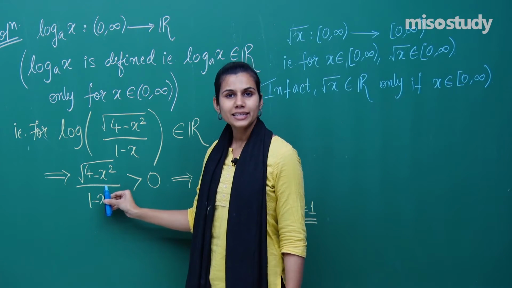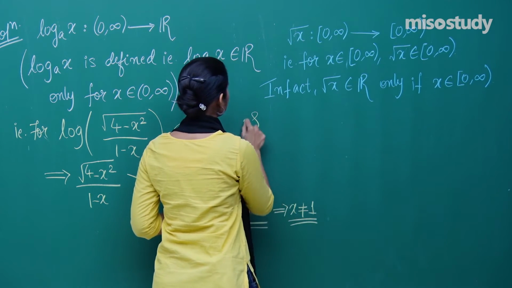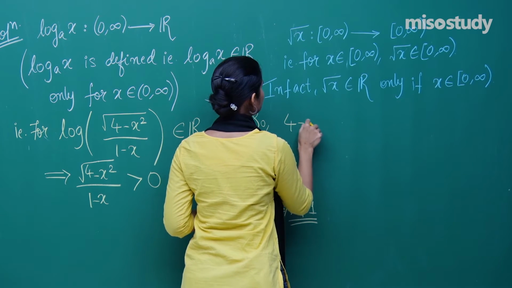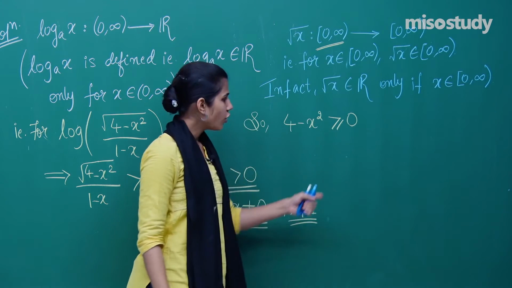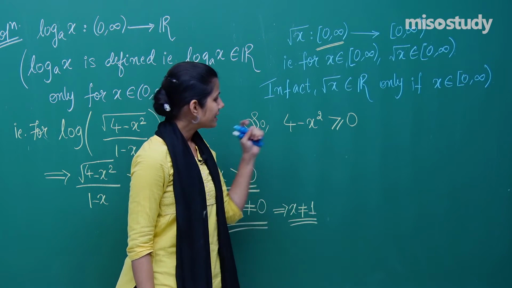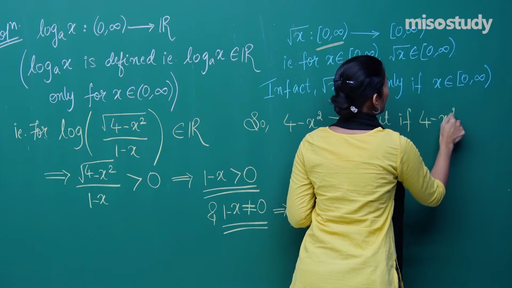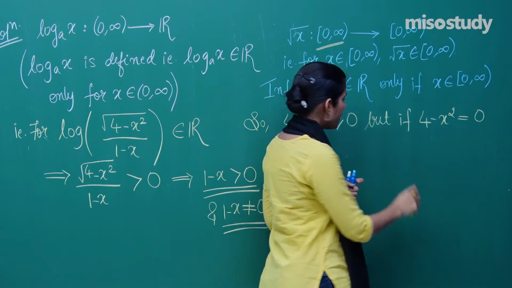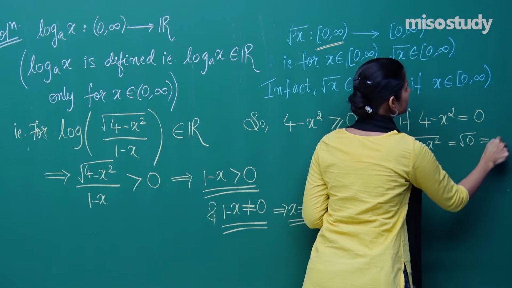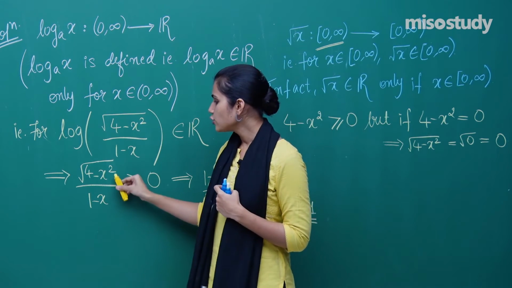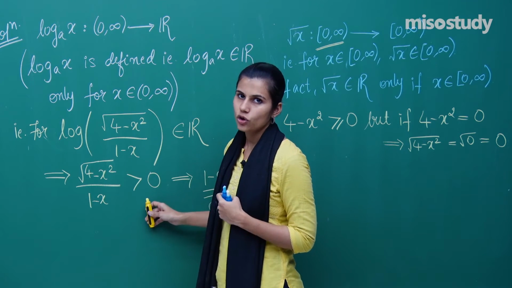So for under root 4 minus x squared to be actually a real number, first of all, I need this 4 minus x squared to belong to 0 comma infinity, or it should be greater than or equal to 0. But if 4 minus x squared happens to be 0, then under root 4 minus x squared will be under root 0, which is 0, in which case you will have numerator equal to 0, the entire expression will turn out to be 0, and definitely it is not greater than 0.